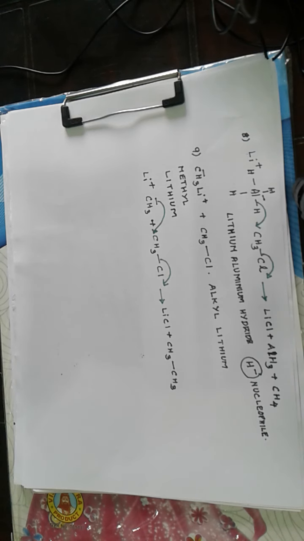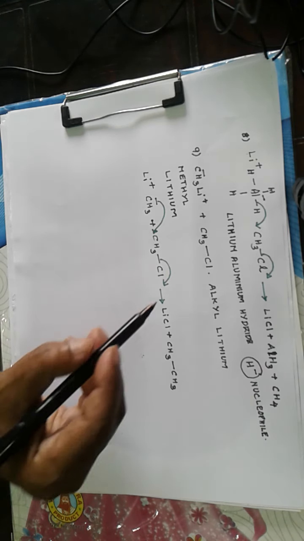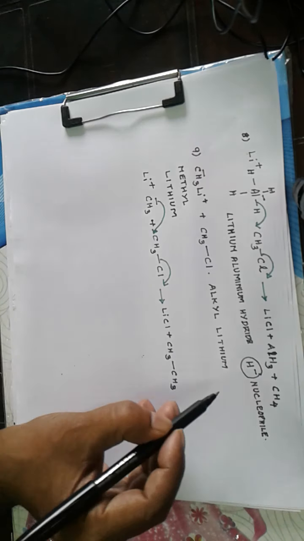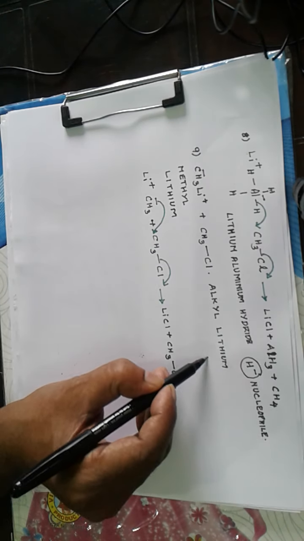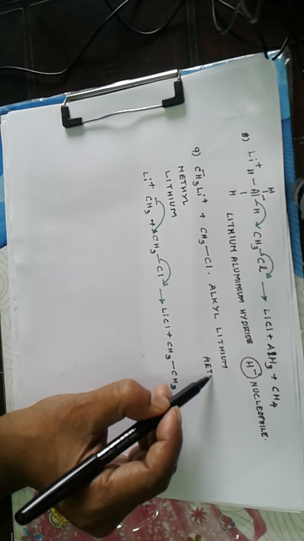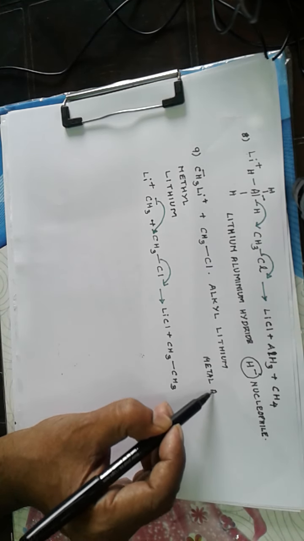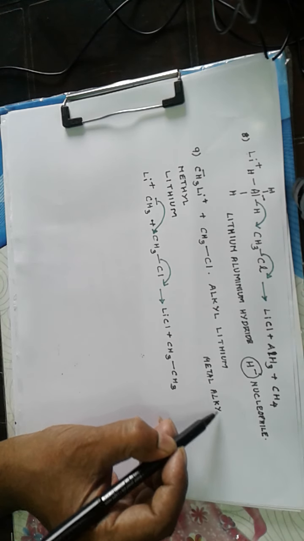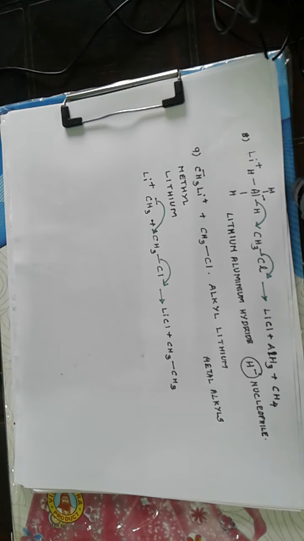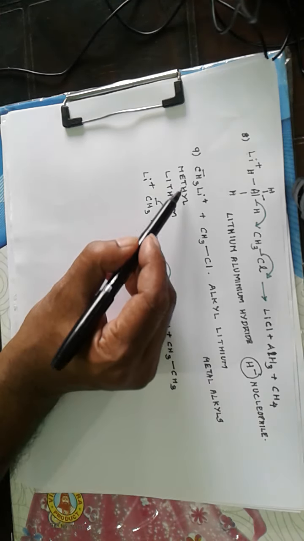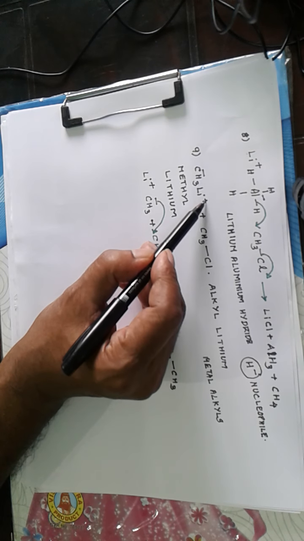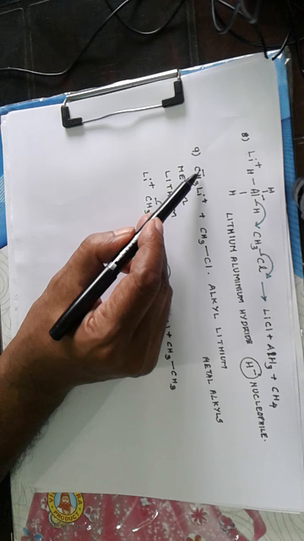Now the last reaction is the reaction with the metal alkyls. Metal alkyls are alkyl derivatives of metal in which the alkyl part is the negative ion. One example is methyl lithium, where the lithium exists as lithium positive ion and the methyl exists as CH3 negative.